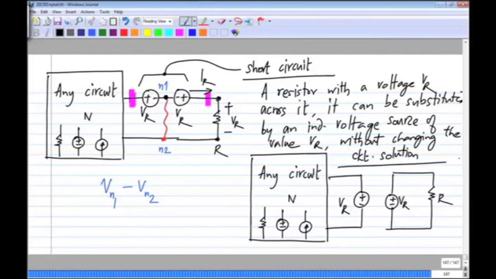Okay, is this fine? So this is another variant of substitution theorem.